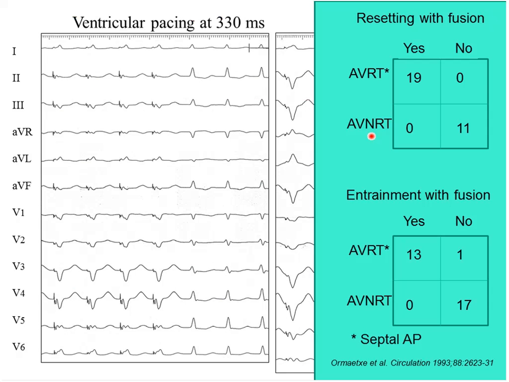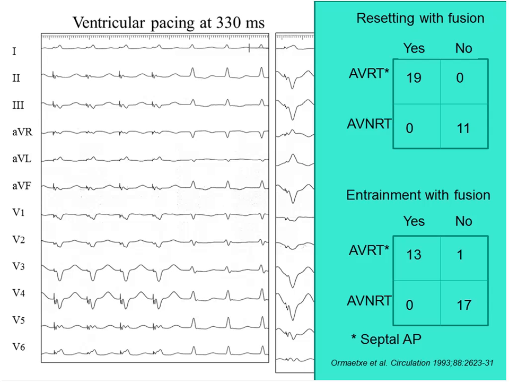And this is so because there is only one gate between the circuit and the ventricle. That's the His bundle. It's a single gate. If you have a single gate, you cannot have fusion between reentry and pacing stimulus. So as expected here, all the cases had no fusion, either with resetting or with entrainment.